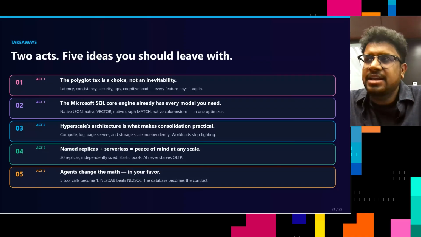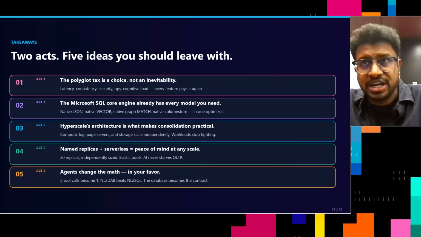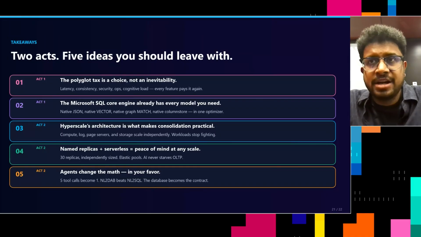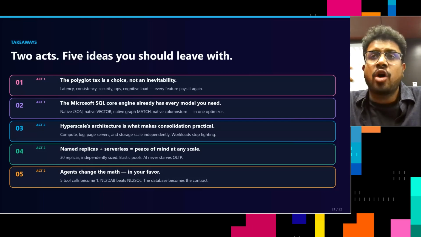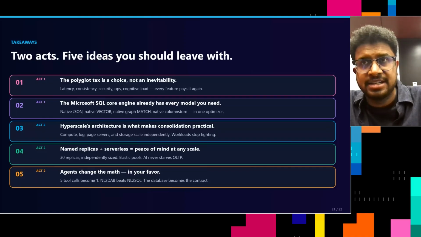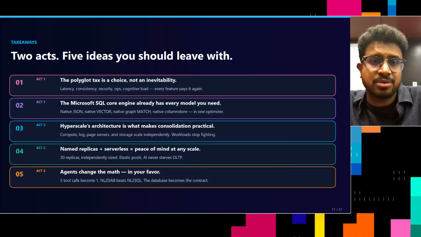In extreme cases, you might need a DQP, and you really need a data warehouse. In extreme cases of graph, you might need a separate graph database. But for most scenarios, unless it is exceptional, Microsoft SQL covers you with an exceptional relational workload.